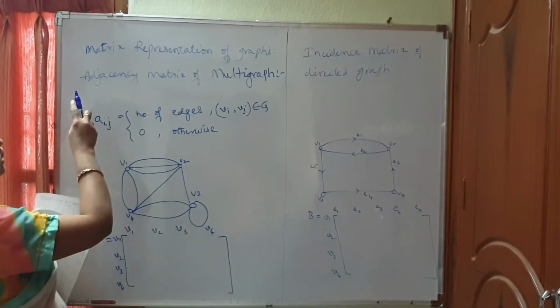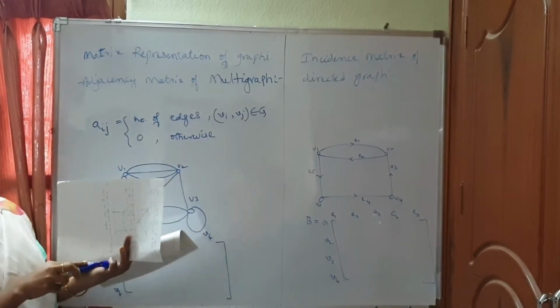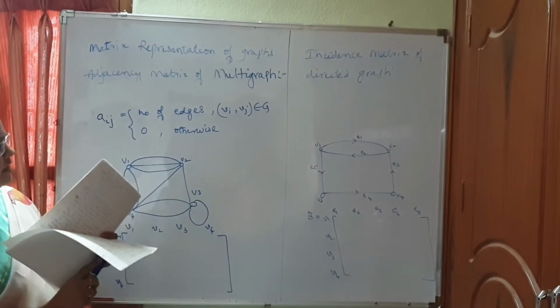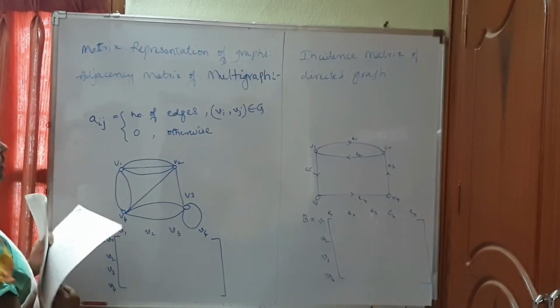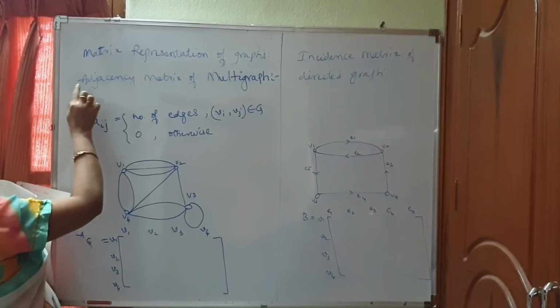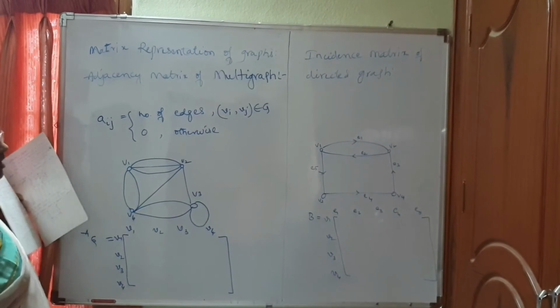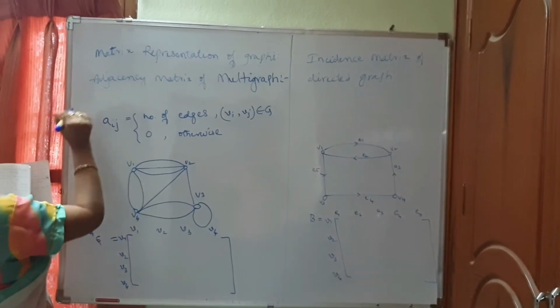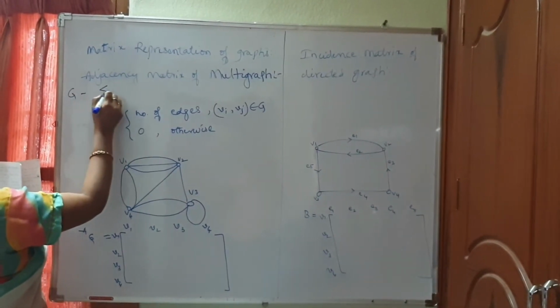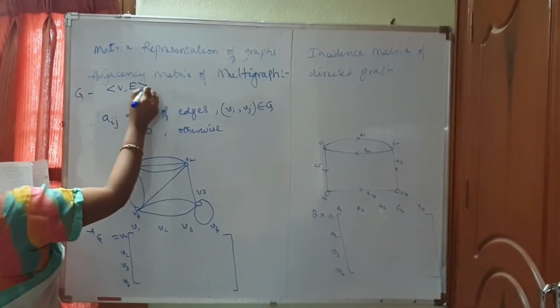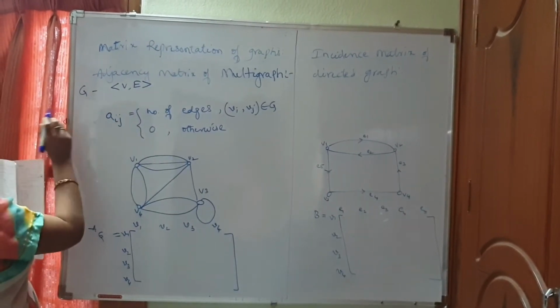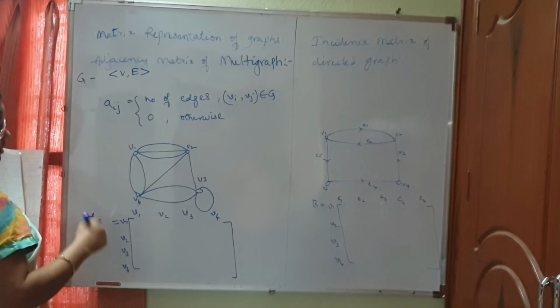Now I am going to tell you about the representation of a multigraph in matrix form, that is, the adjacency matrix of a multigraph. Again, G is a graph with vertices and edges, and we represent the graph G in matrix form.